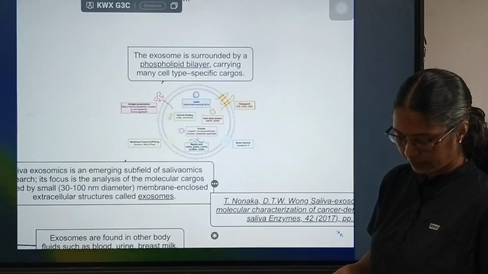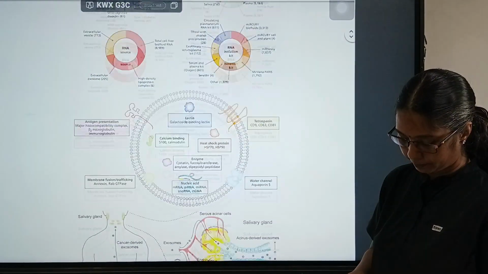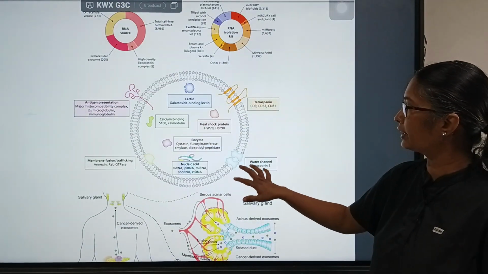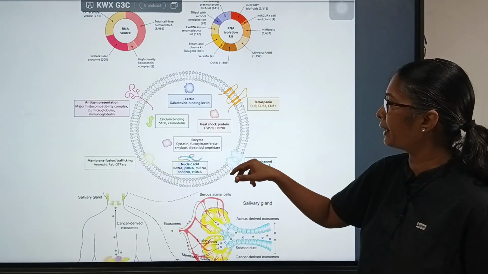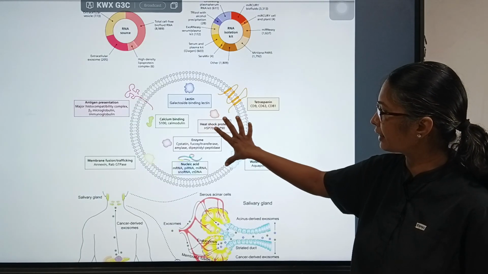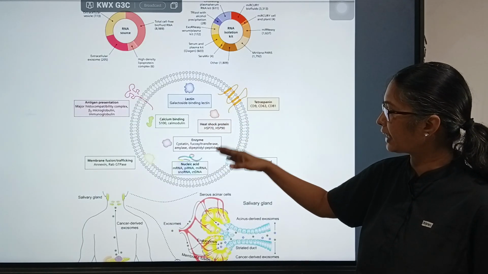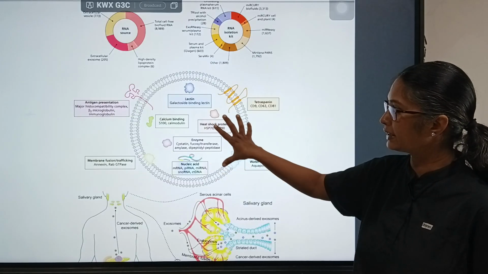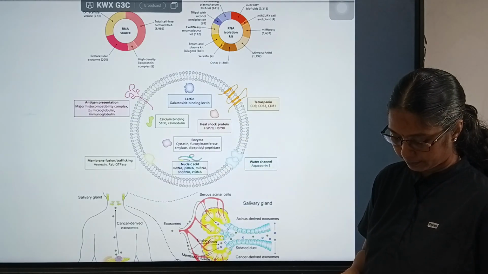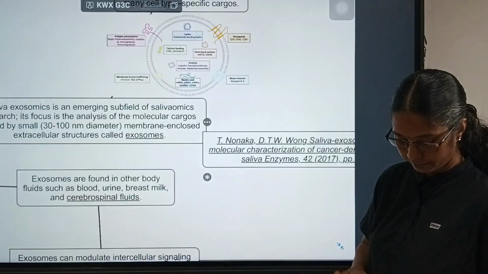So the cargoes which are seen inside a salivary exosome is shown here. So this is the lipid membrane bound vesicle which carries the lectin, calmodulin, proteins, enzymes, nucleic acids, and all these are present inside the exosome.